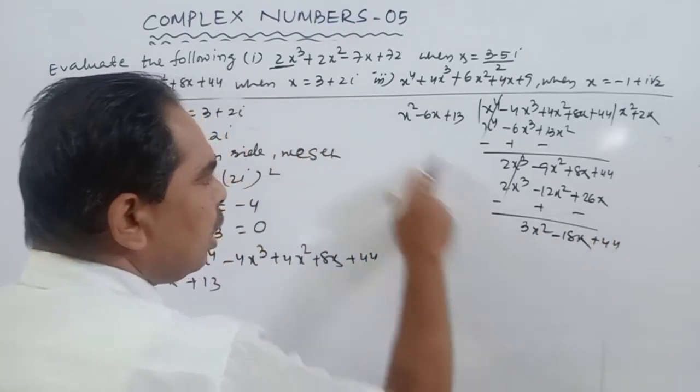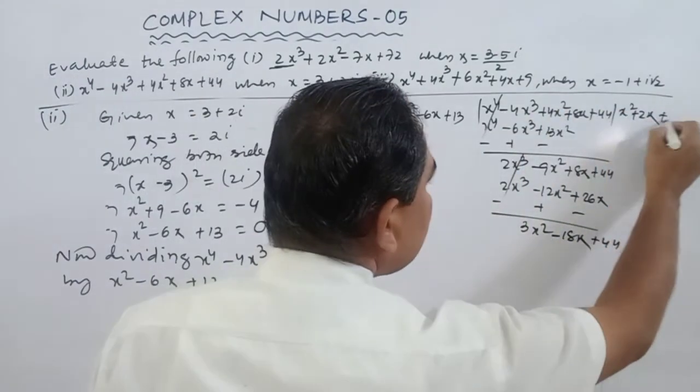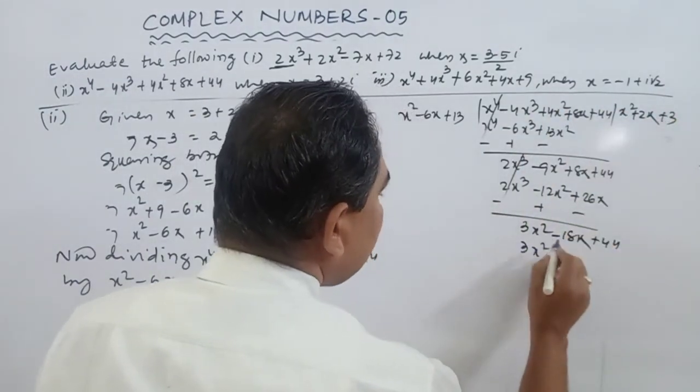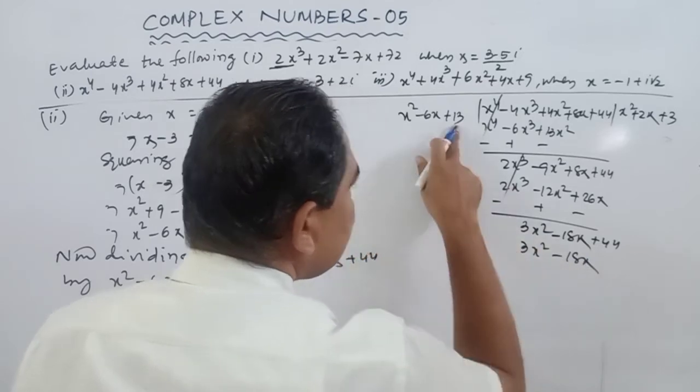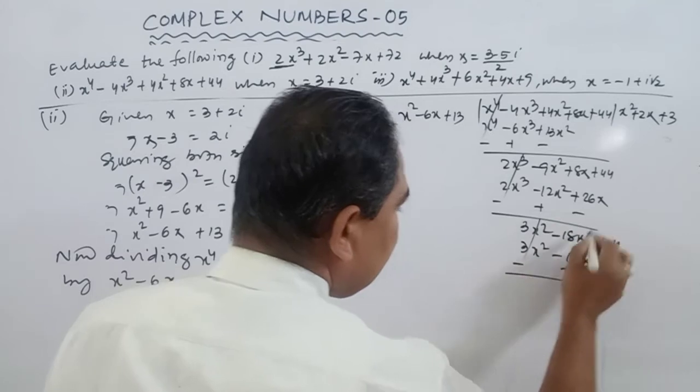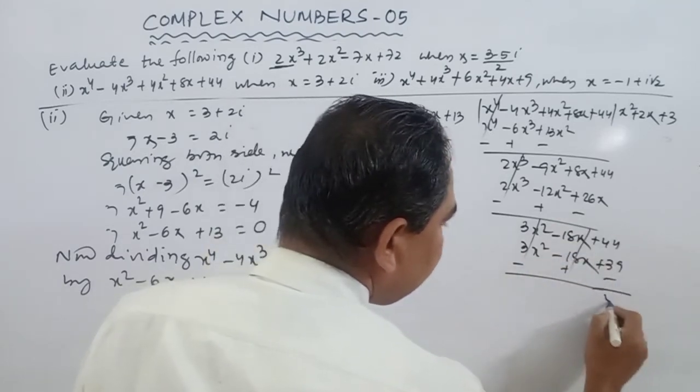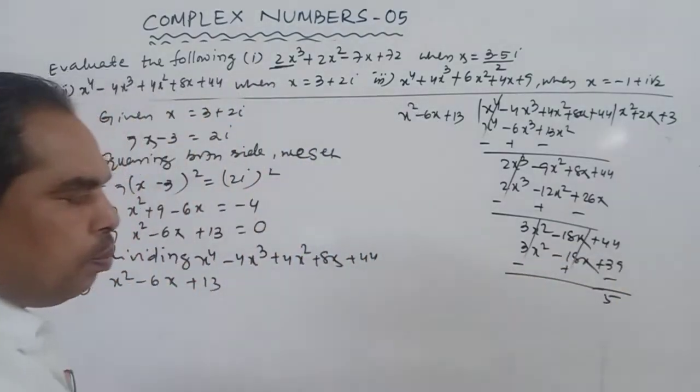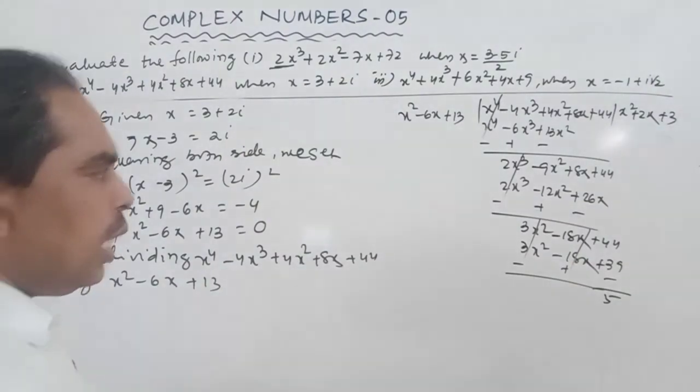Again 3x square divided by x square is 3. So this is 3x square minus 18x plus 39, minus plus minus cancel. So this is 5.